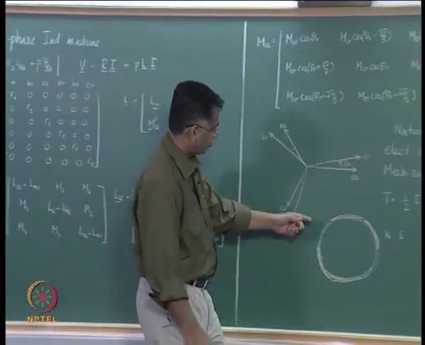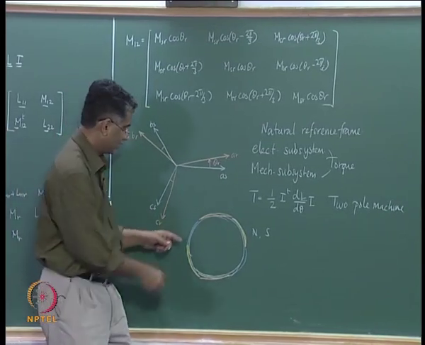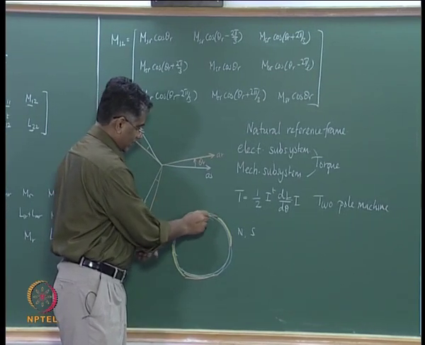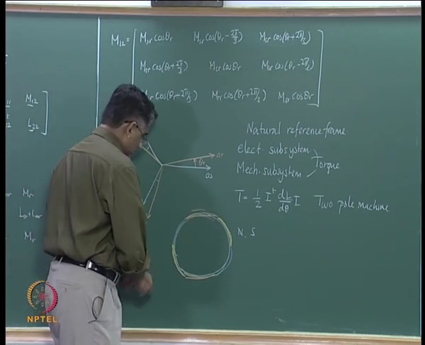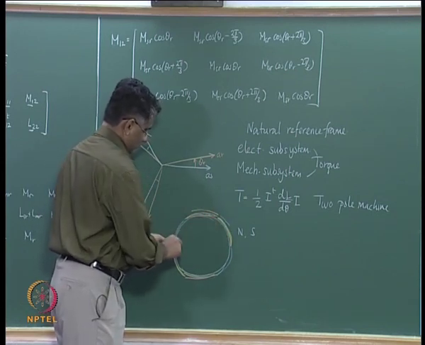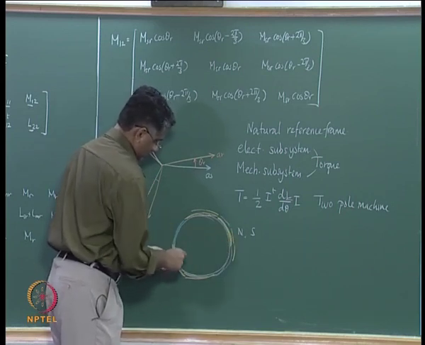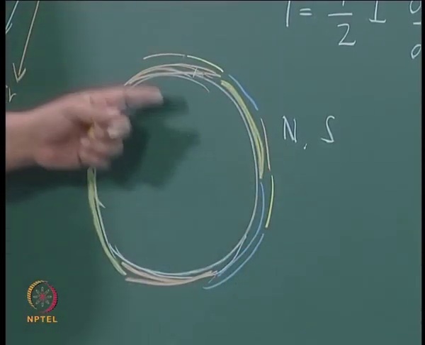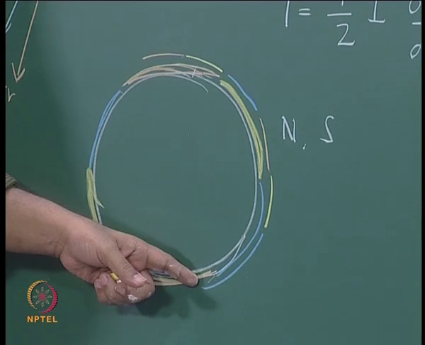If there are more poles, then in the same 360 degrees, more poles have to be created, which means that these would become shorter, and then you would have, for example, R phase and then a Y and then a B, and then again this R, Y and B. So, this completes one MMF from 0 degrees to 360 degrees.